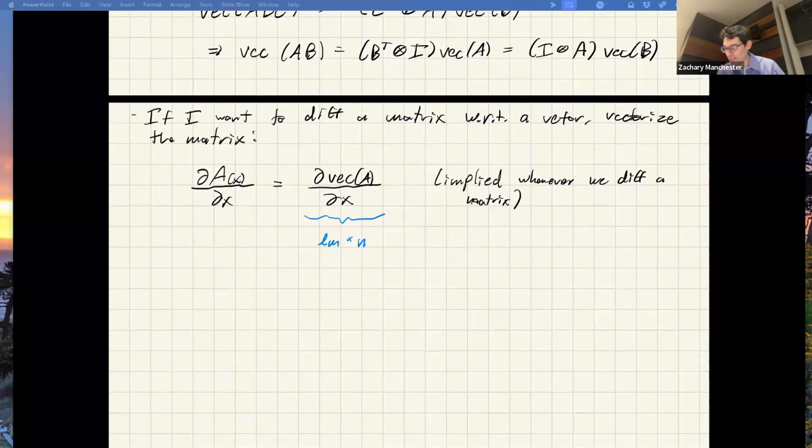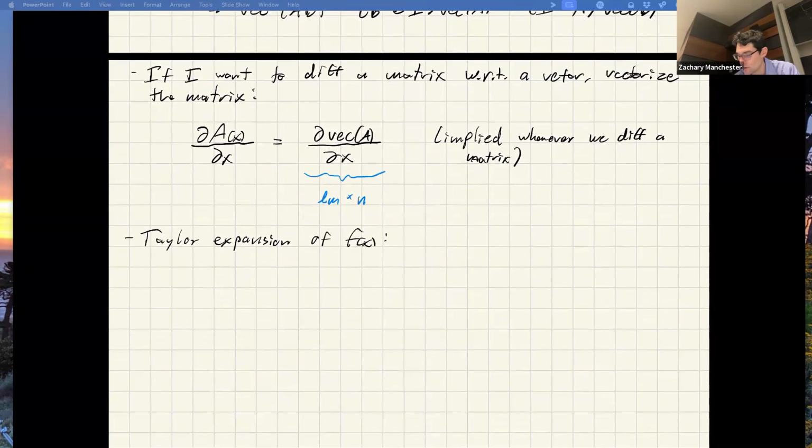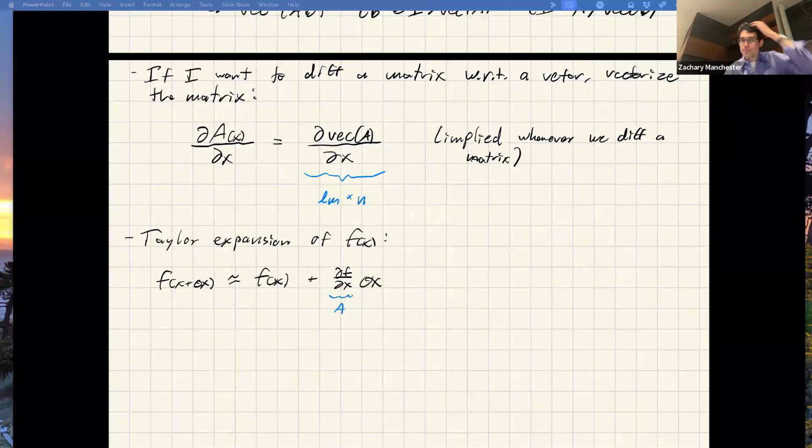Okay, so now we're going to go back to the Taylor expansion of that f of x. So I've got f of x plus delta x, assuming everything's vectors, i.e. a dynamics function. I've got f of x plus df dx times delta x, which is A times delta x, right? This is our A matrix. And then the Hessian term, maybe I'll just write it down and then we'll stare at it for a sec.